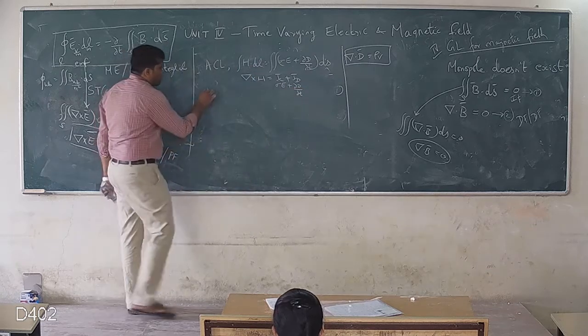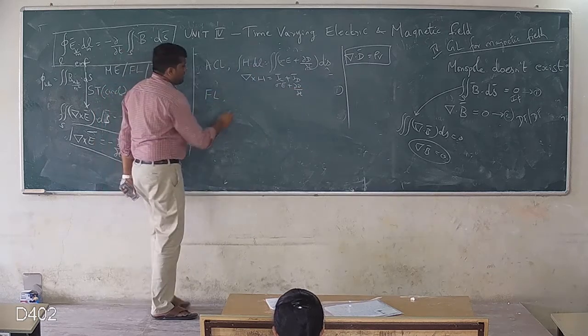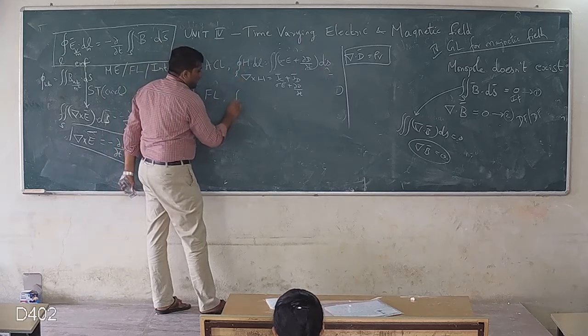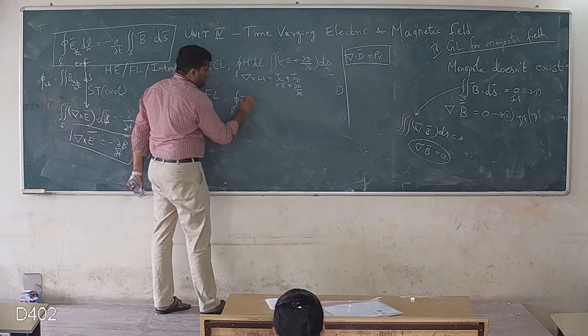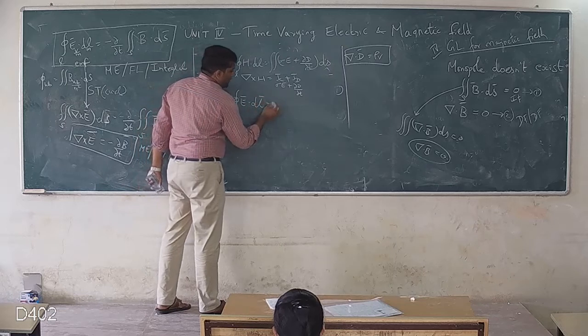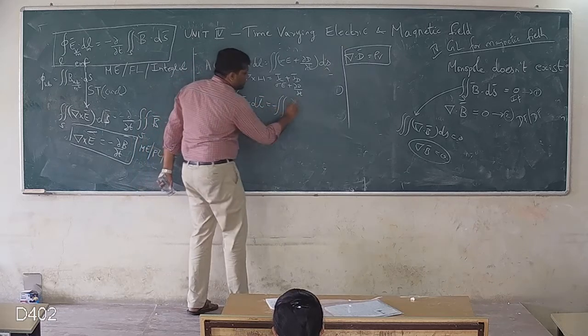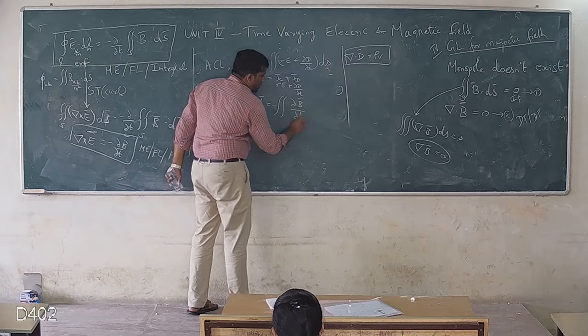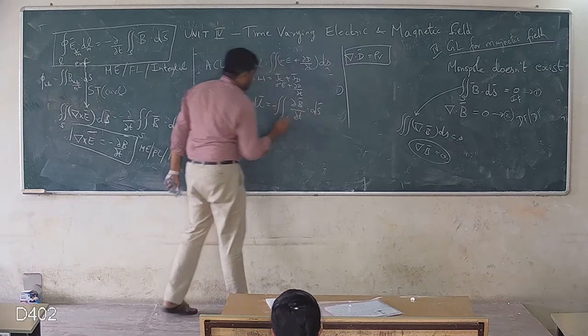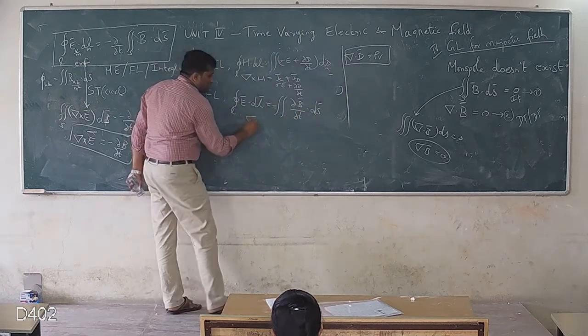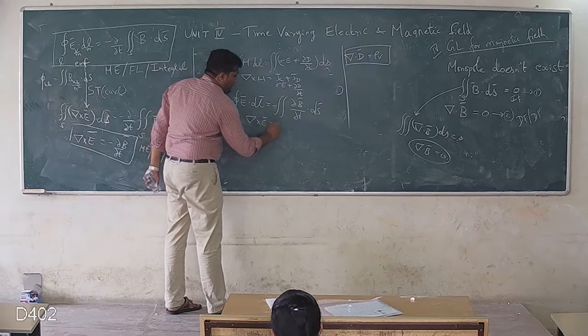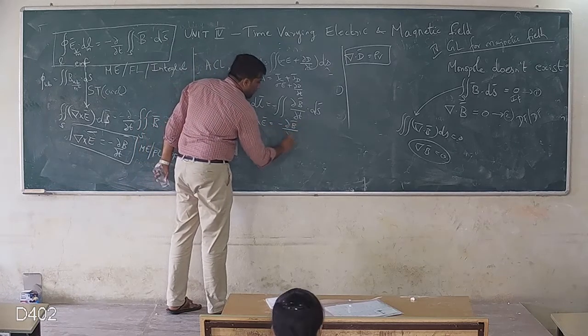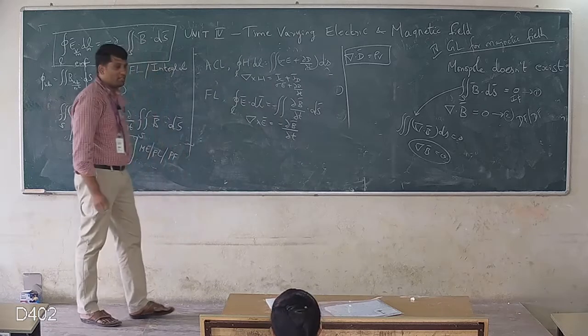Second law, Faraday's law. From Faraday's law, we can write integral E dot dl is equal to double integral minus dou B vector by dou t into dS vector. Along with that, I can write del cross E is equal to minus dou B vector by dou t. So this is the second law equation.